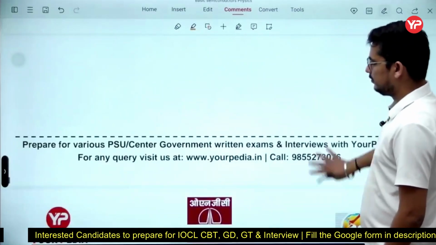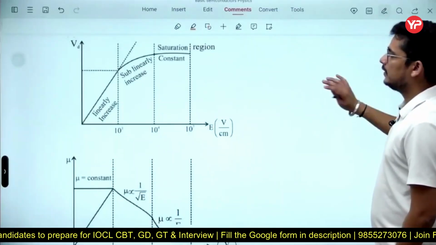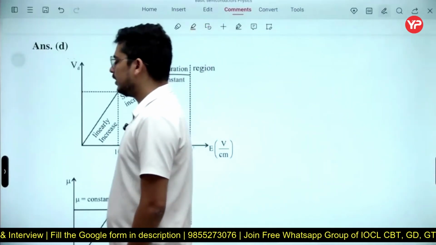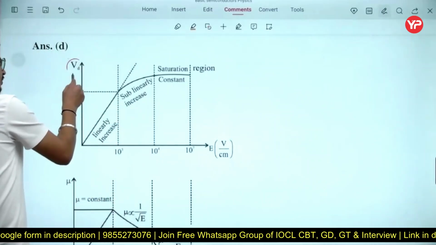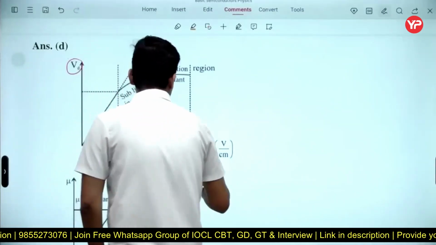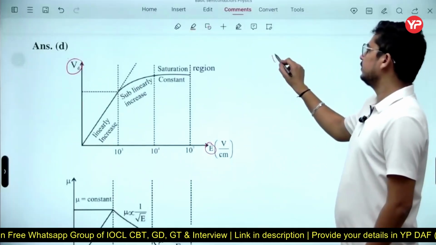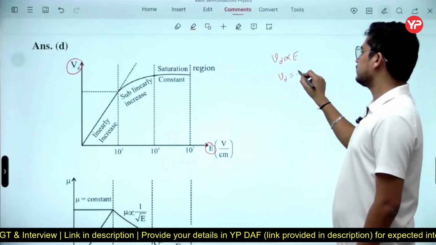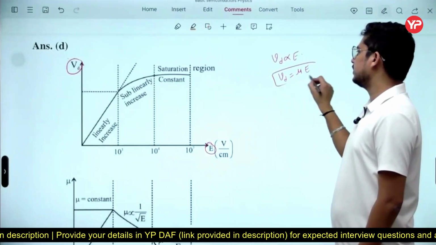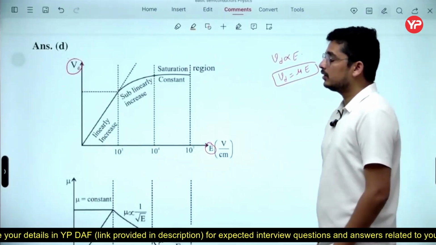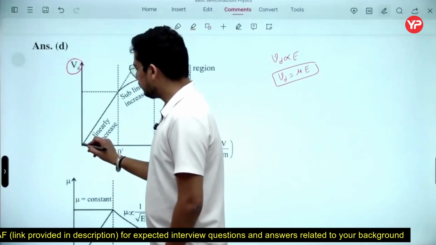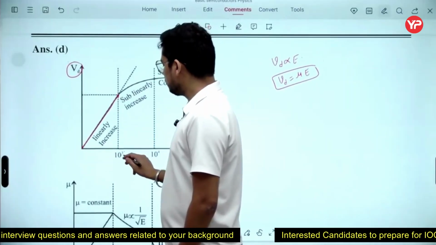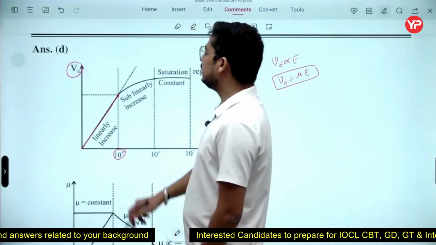In the solution, I have two figures that are very important. This is the graph you should remember. If you have drift velocity on this axis and electric field on this one, we already know that drift velocity is directly proportional to the applied electric field, and drift velocity equals mu times E. But this relation is only applicable for this region, until 10 raised to power 3, where it increases linearly.